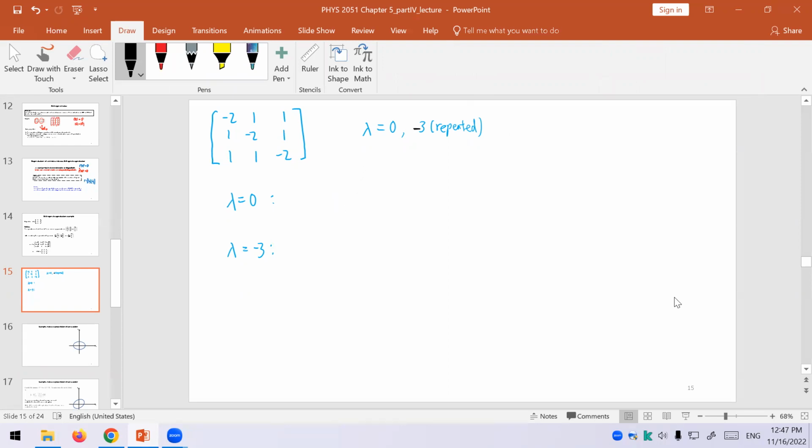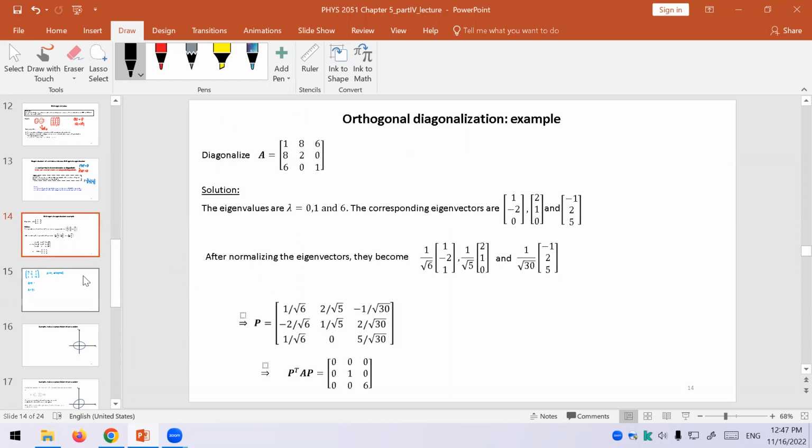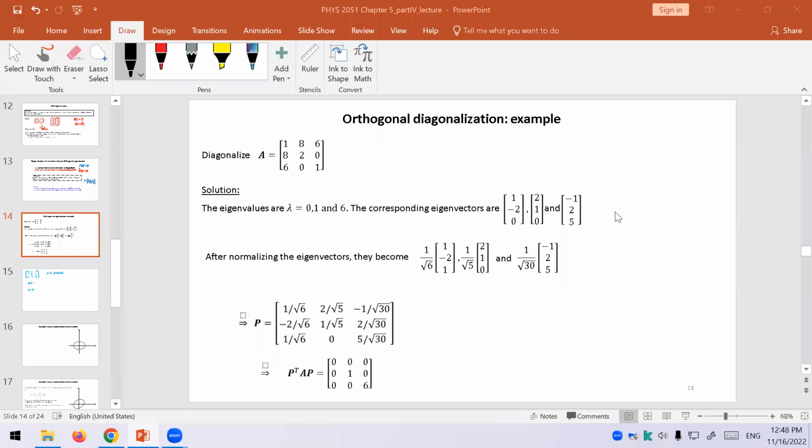It's minus. And there's a typo in the last line. So this one should be 1.